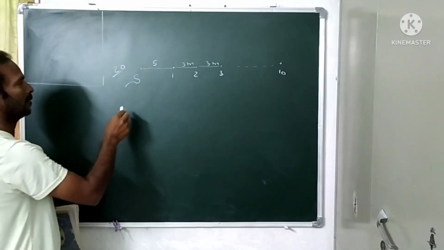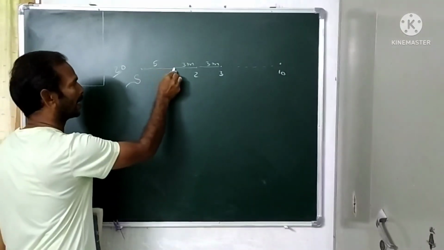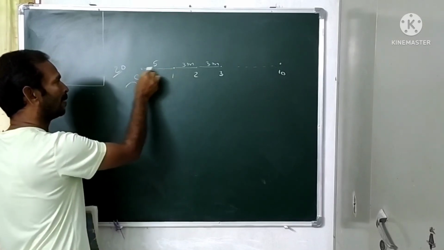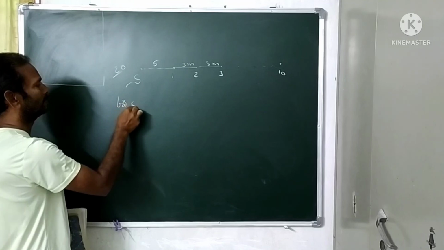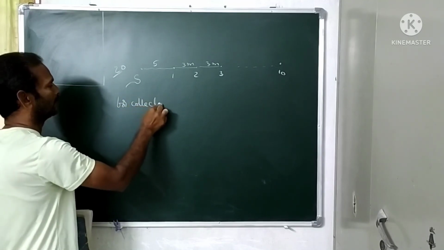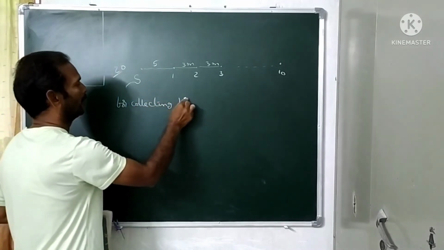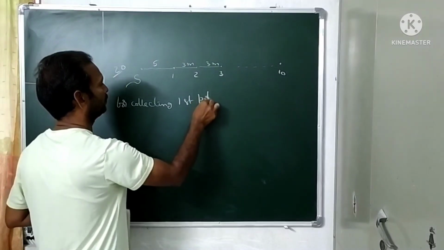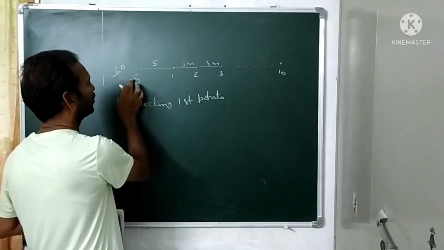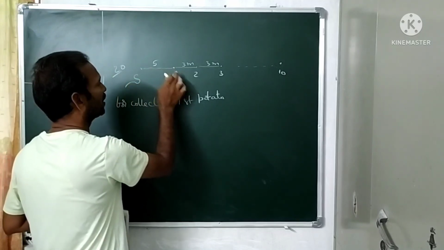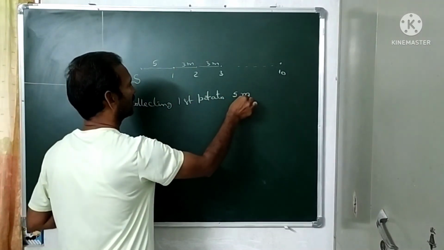A person will run from here to collect the first potato and will come back. So for collecting the first potato, how much distance do you have to walk? From here to here means 5 meters.